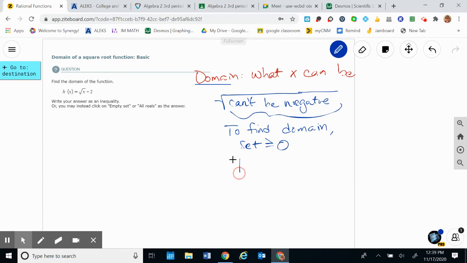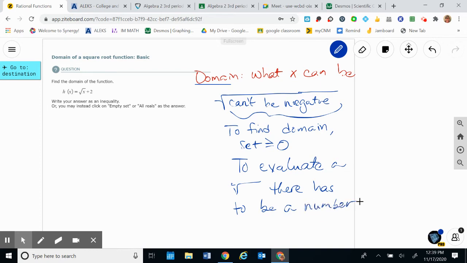To evaluate a square root, not just a root, but a square root, there has to be a number greater than or equal to 0. Because we can find the square root of 0. We just cannot find the square root of a negative number.